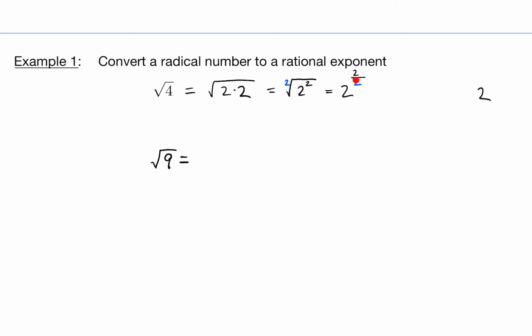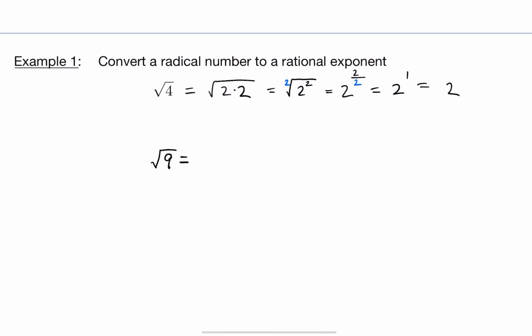And then this blue 2 comes from this 2 outside of the radical sign. Okay? So then if we were to continue this, we know that 2 over 2 is really equal to 1. So this becomes 2 to the 1 power, which is equal to 2.